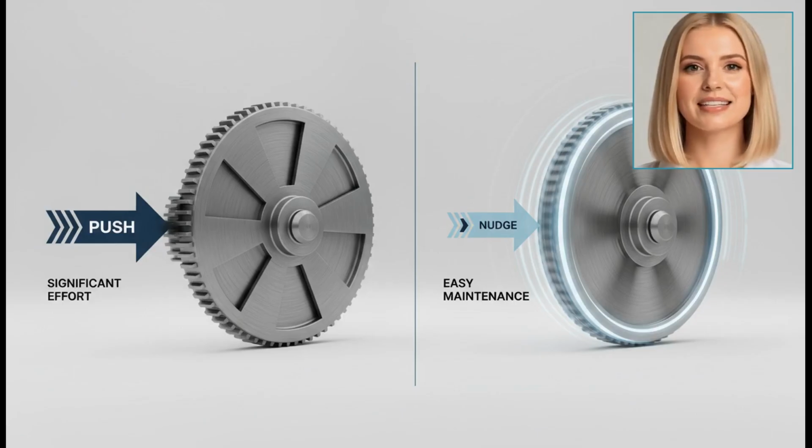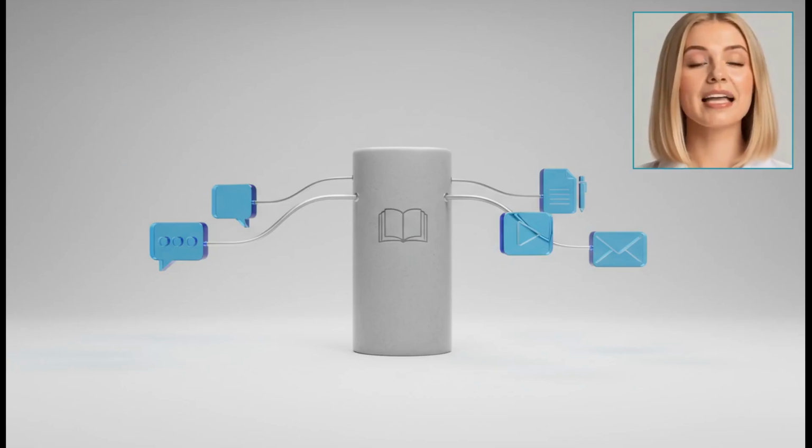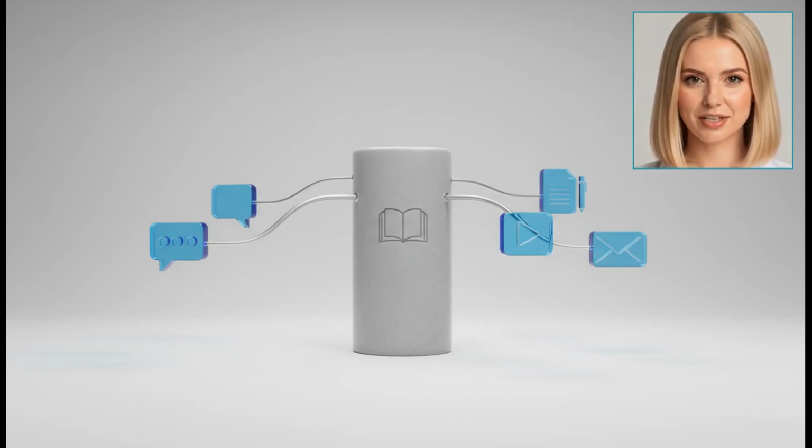So what exactly is this flywheel I'm talking about? I want you to picture a heavy, physical flywheel. It takes a significant push to get it started, right? But once it's spinning, it builds its own momentum and keeps going with just a little nudge. This is exactly the model I like to see businesses use for their content.